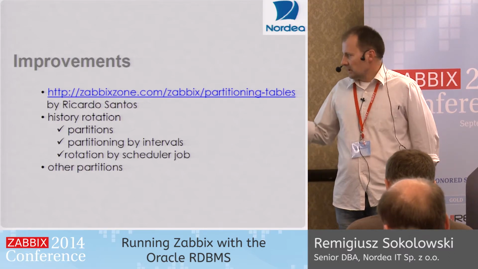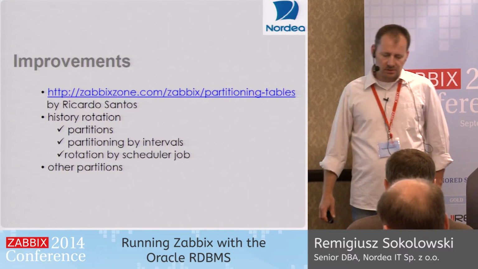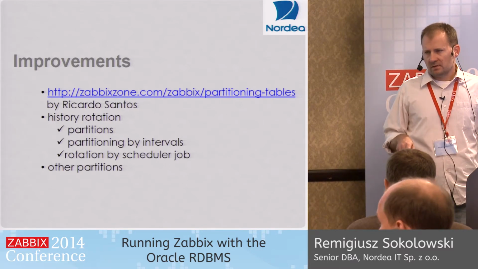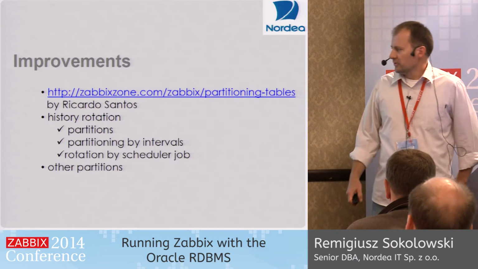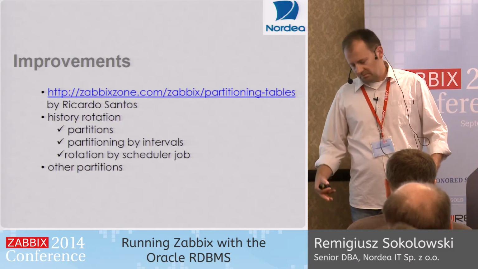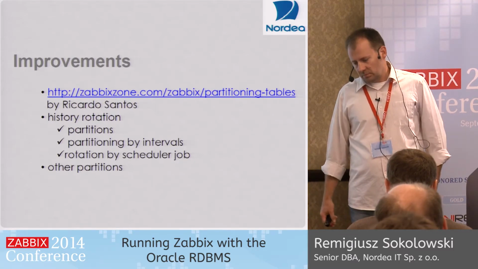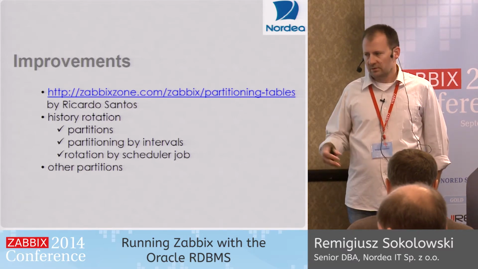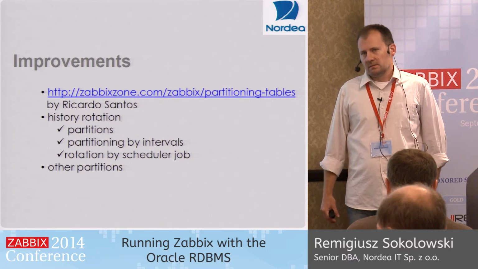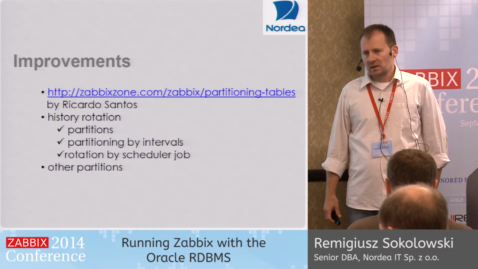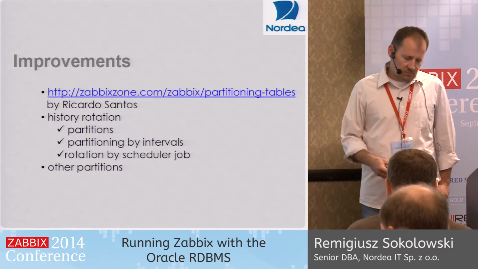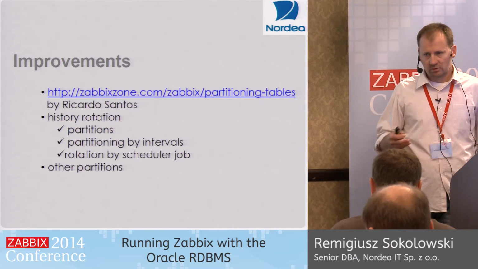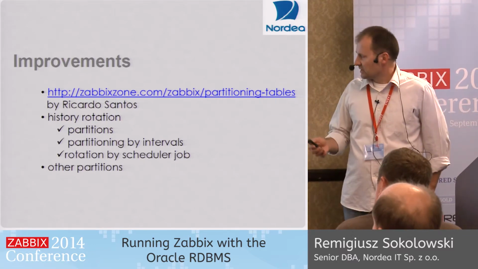There are also other partitions, I mean those related to trends, alerts, maybe something more, but they are not so important because they are still very small compared to history. I suppose that we can easily maintain them manually, so we even have no automatic drop of the partitions there.